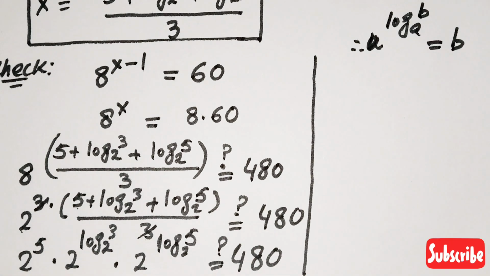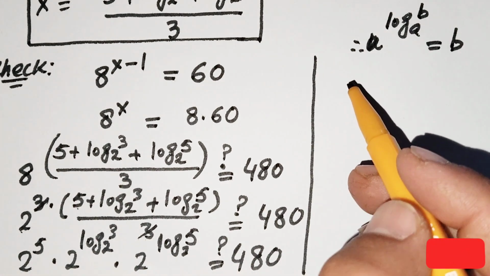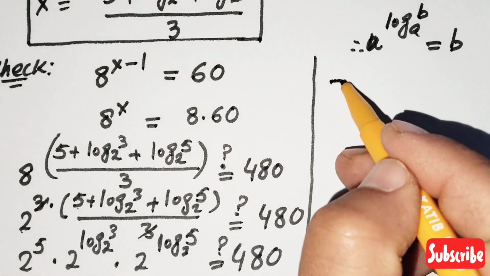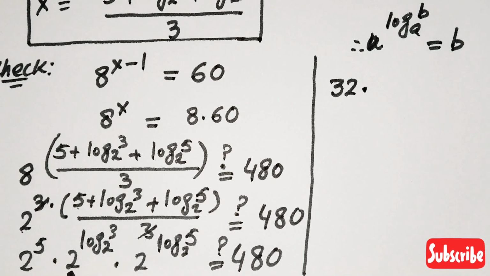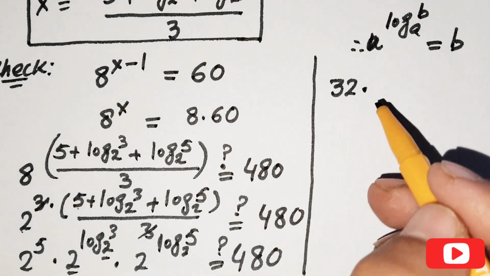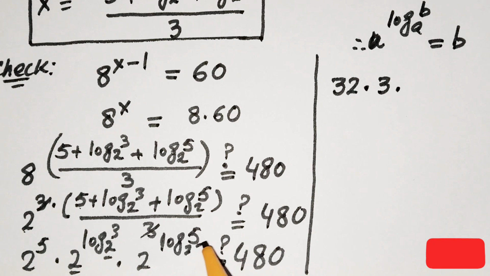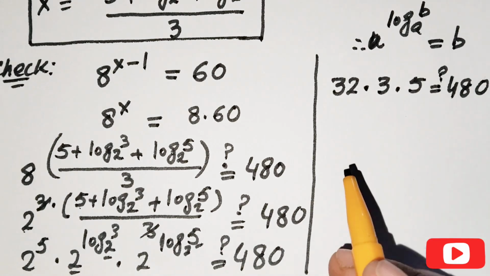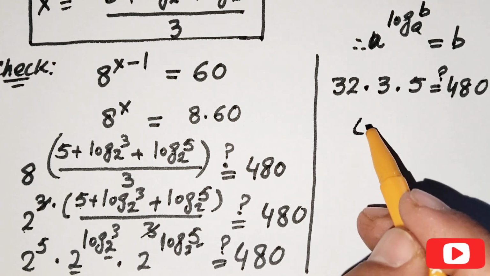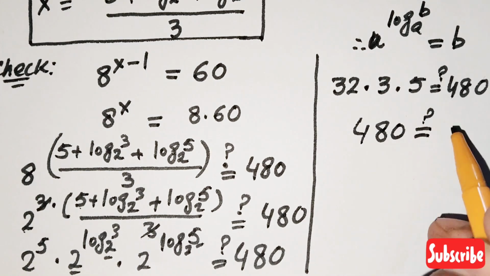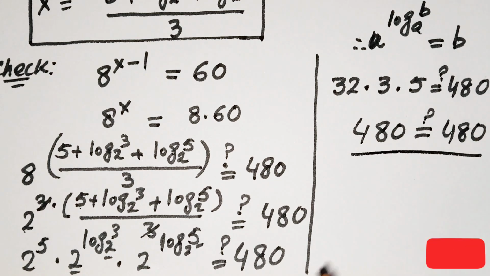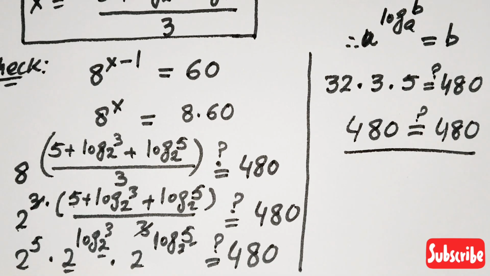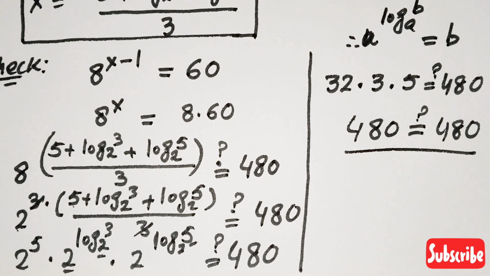So our step will be 2 raised to power 5, which is 32, times 3, since the 2 is the same and our value of b is 3, times 5, which is equal to 480. When we multiply this, we get 480, which is equal to 480. Here our left hand side is equal to right hand side. So we have just proved that the value of x is true for this problem.